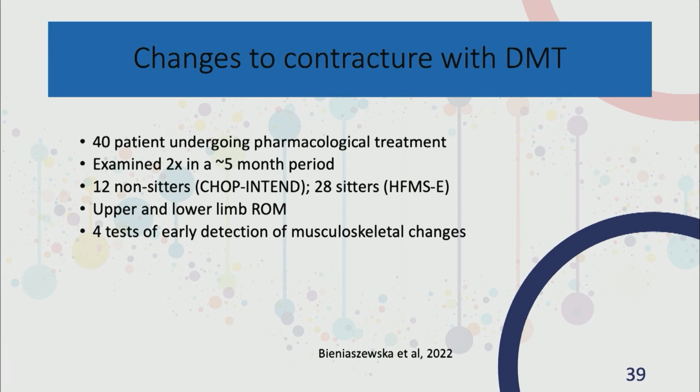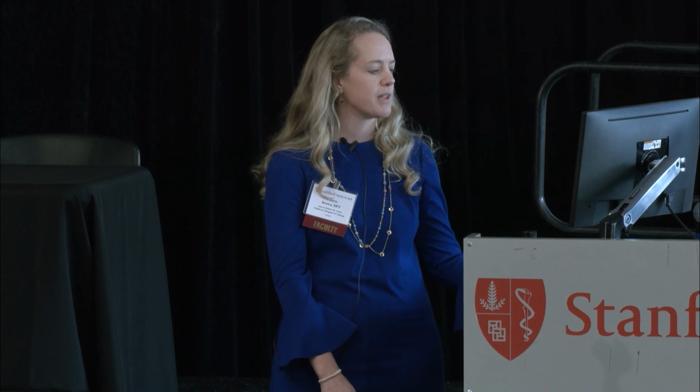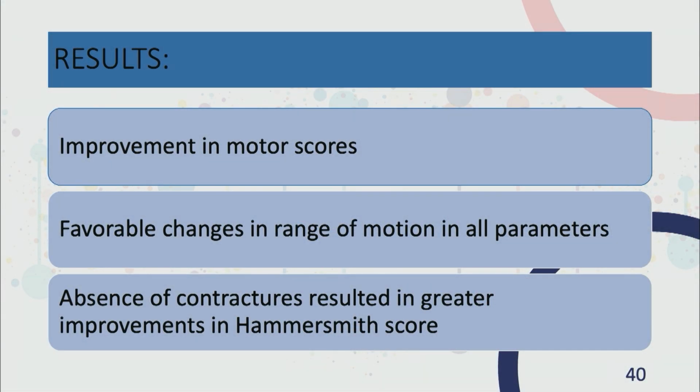They also looked at 4 tests of early detection for musculoskeletal changes, which included the supine angle of trunk test, measuring the angle of upper and lower limb trunk rotation, and then pelvic obliquity. And what they found was improvements in all motor scores, favorable changes to all range of motion parameters throughout, with the greatest change in the bilateral hip flexion, knee flexion, and cervical spine rotation.